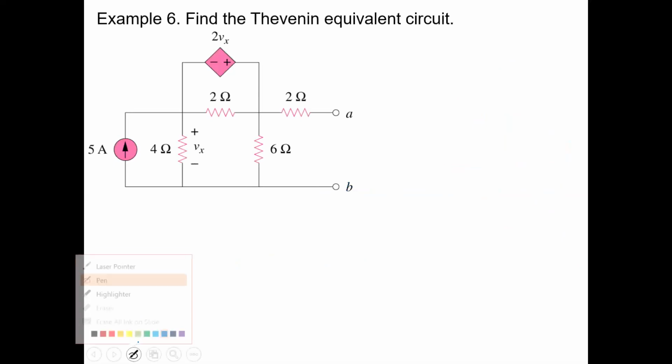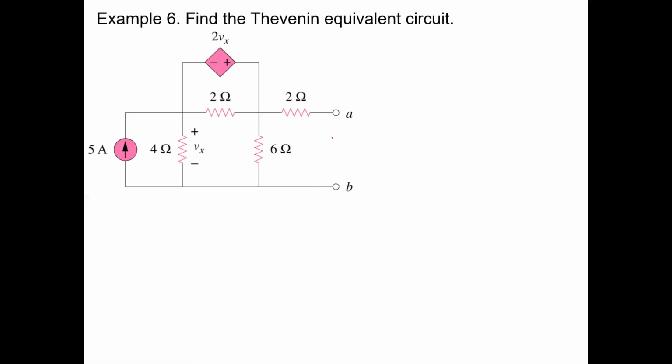To find V Thevenin, we still have to find the open circuit voltage. This open circuit voltage is our V Thevenin. That's whatever that thing is when there's no load applied at the terminals.